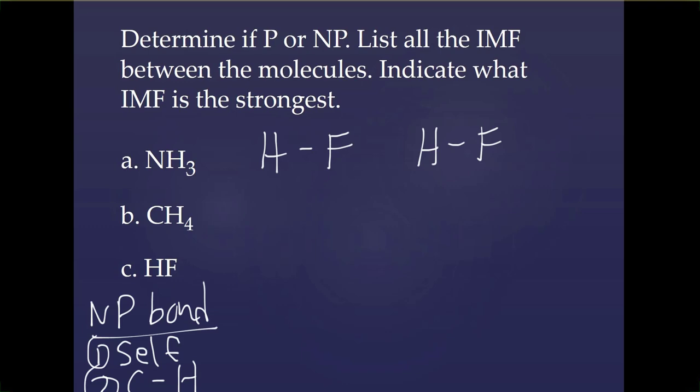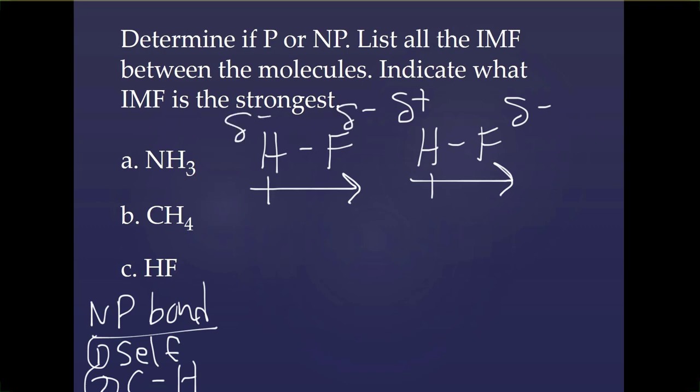No. Do we have carbon and hydrogen? No. So this is a polar molecule. So remember, with polar bonds, you can draw the little arrows that show where the charge is. So I know around my fluorine it's going to be negative, around my hydrogen it's going to be positive, and I can determine that these are polar molecules.